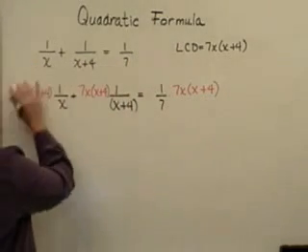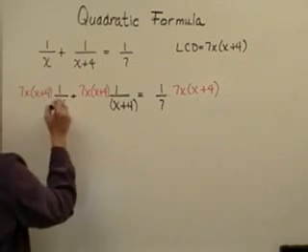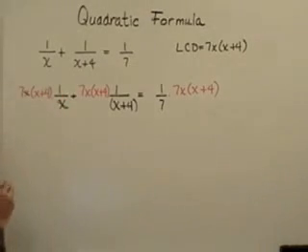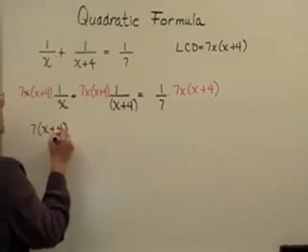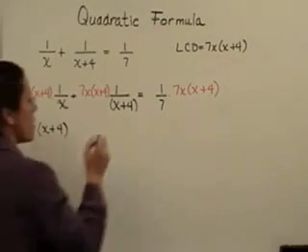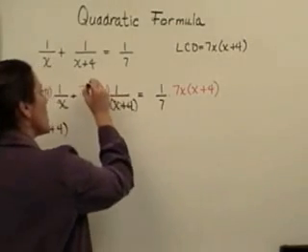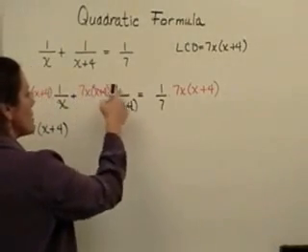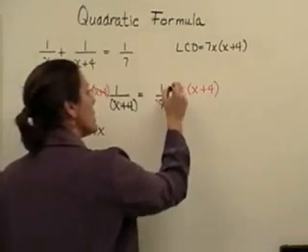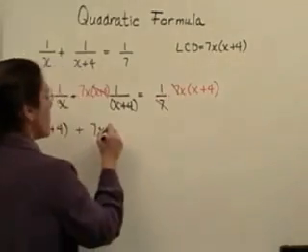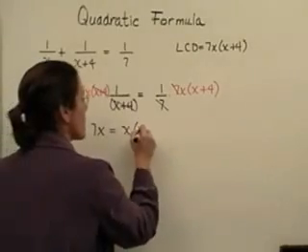So for example, in this first fraction, the x will be gone, so will the x right here. And I'll have left 7 times x plus 4 times 1, which I don't need to represent. The x plus 4's here cancel out, and I'm left with 7x times 1, or just 7x. And over here, the 7 cancels out here and here, and I'm left with x times x plus 4.